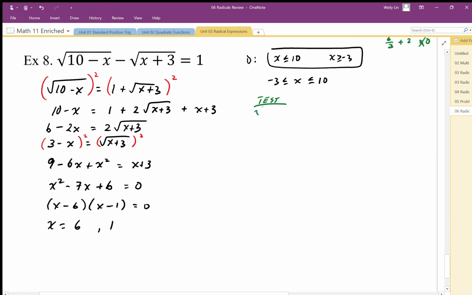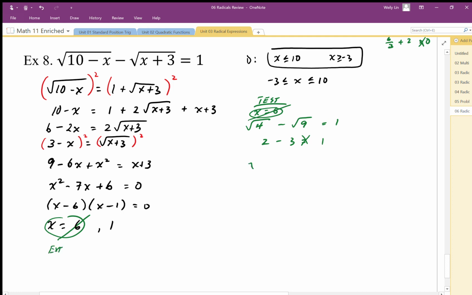So x equals 6. We're going to end up with square root of 10 minus 6 minus square root of 6 plus 3 equals 1. 2 minus 3 equals 1. That's not true. That's extraneous. Okay, so that's an extraneous solution.